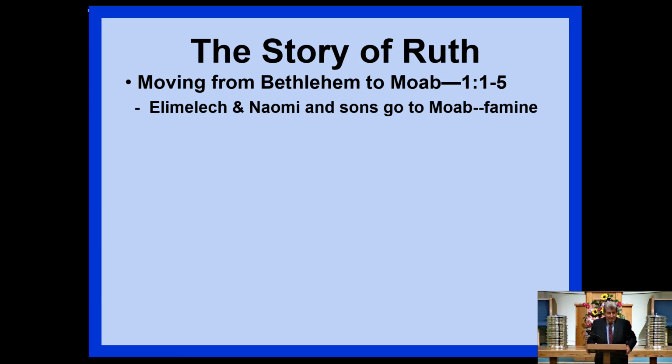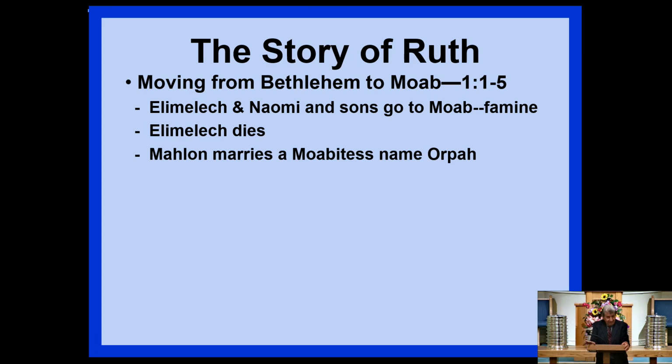And when they get there, in the order in which it's stated in the text, Elimelech dies. Now we have Naomi and her 2 sons, and the 2 sons, Mahlon and Chilion, marry women who are Moabites. And then these boys die. Now, I want you to become Naomi.